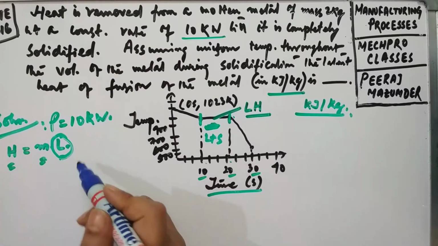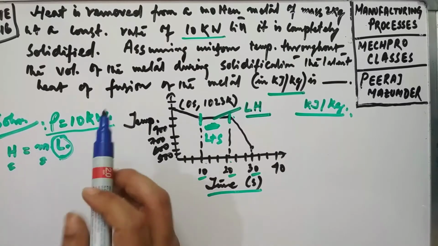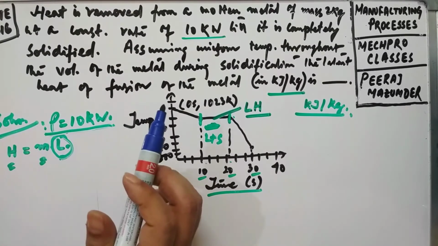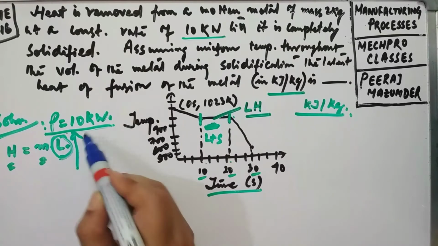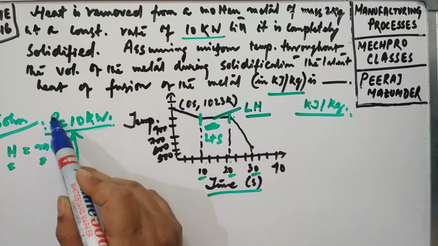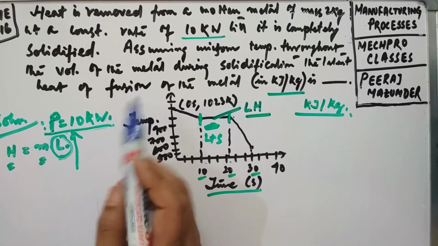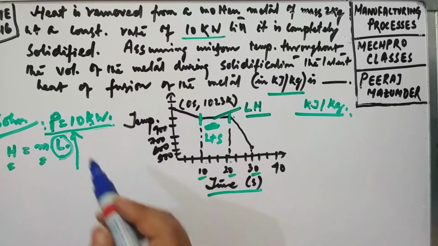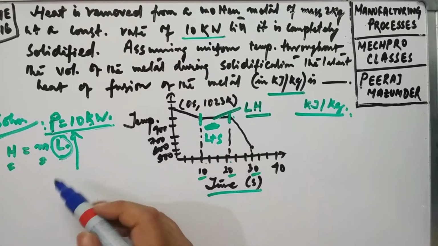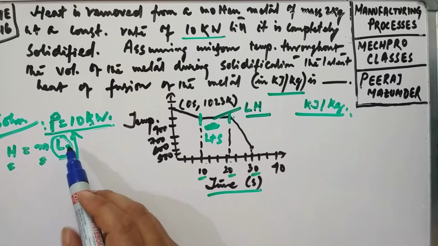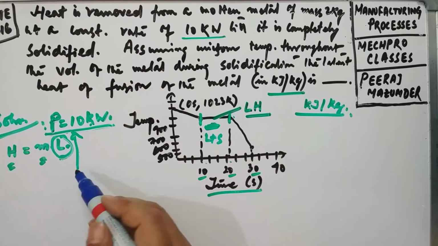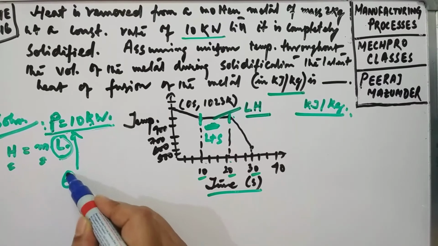Now how to find it? One more data is given over here as P equal to 10 kilowatt. This is not pressure, this is the power. So this power can also be written in the form of heat, that is rate of doing work, the rate of heat transfer.